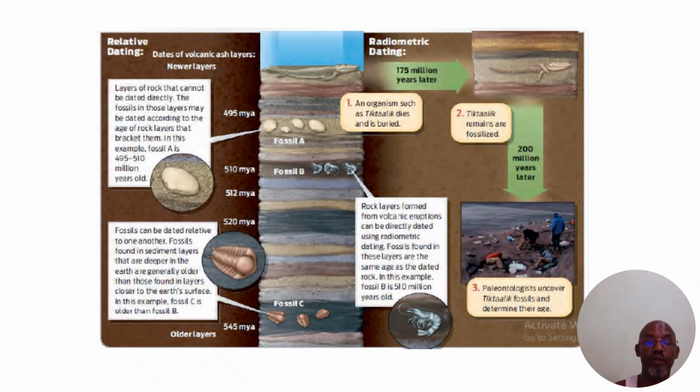Therefore, those fossils found at the bottom here are considered the oldest fossils, whereas those found at the top near the surface of the earth are the youngest. The thickness of each stratum tells you the length of the period it took to form. Therefore, this is relative dating.